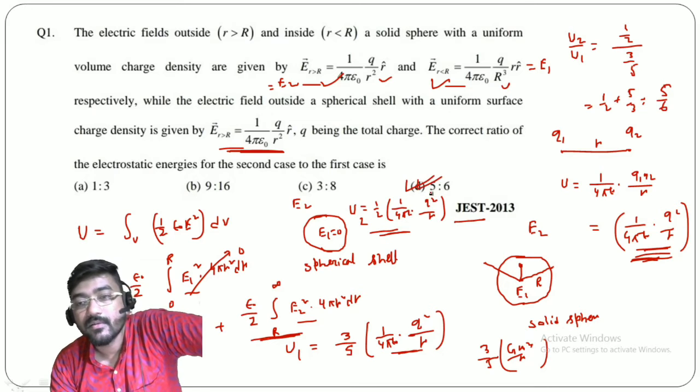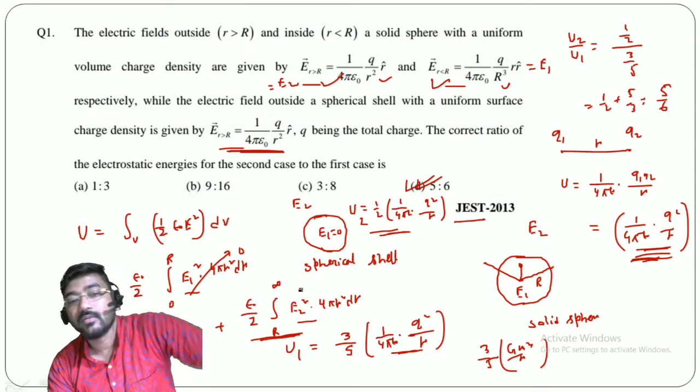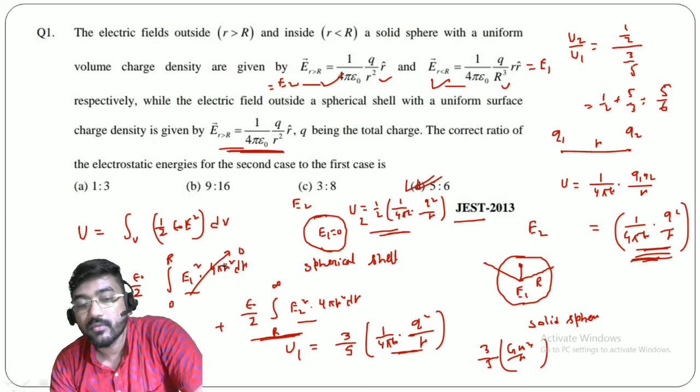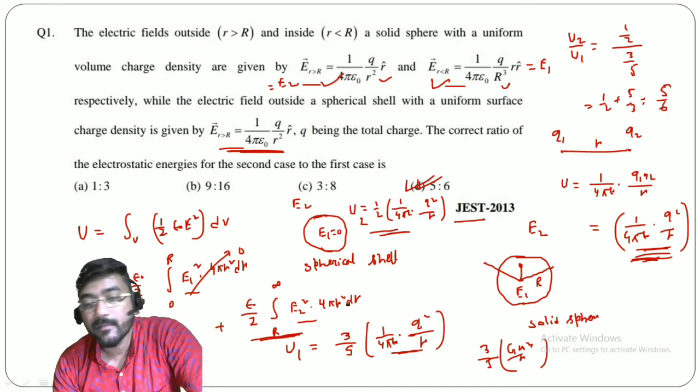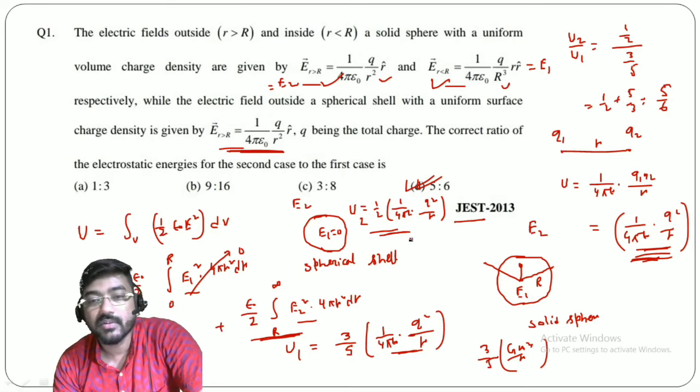So this will be the correct answer. Your calculation will be a little less if you remember this result, otherwise you have to calculate the whole integration. If you don't want to remember, you can obviously do the calculation, but I suggest you remember at least these two standard results for spherical shell and solid sphere.